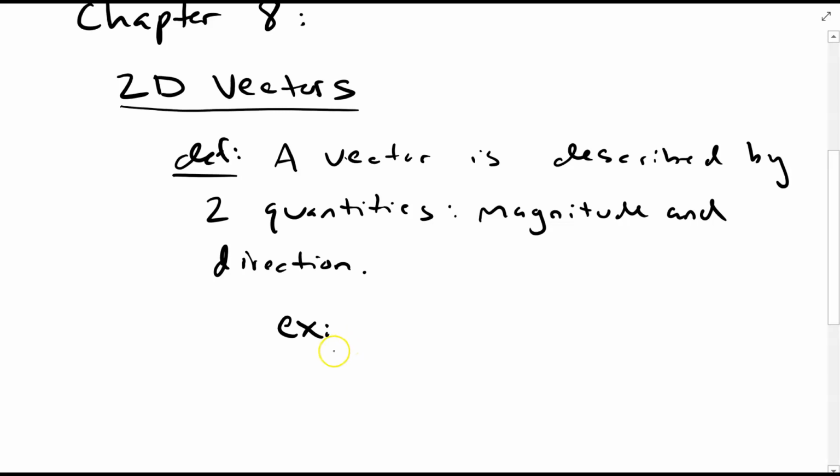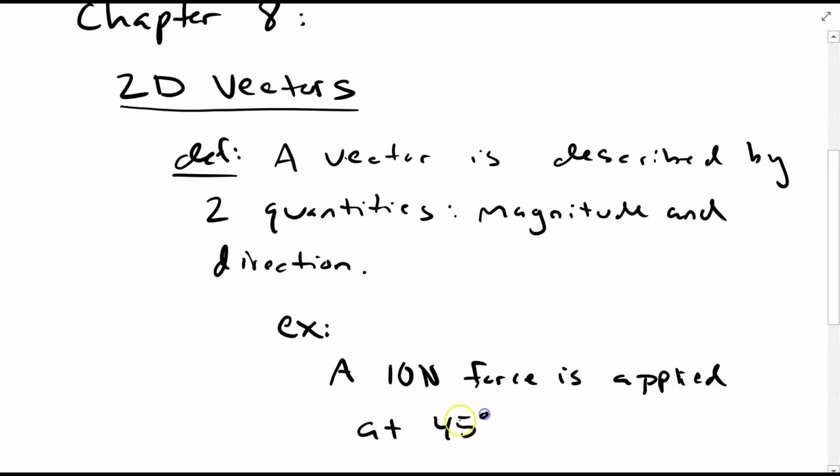So an example of a vector description might be a 10 Newton force is applied at 45 degrees above the horizontal.